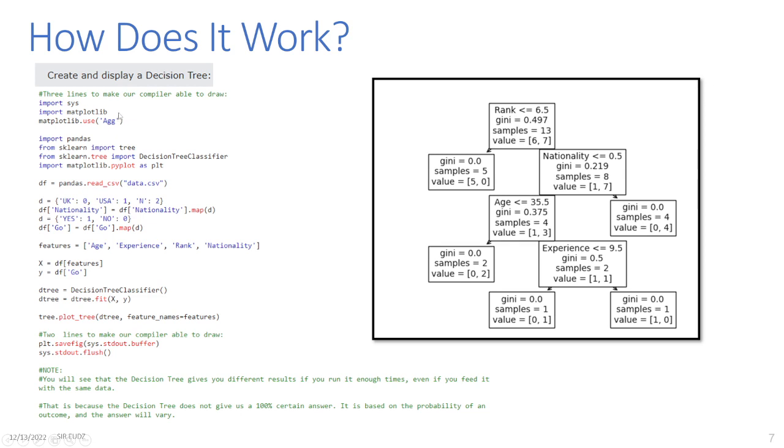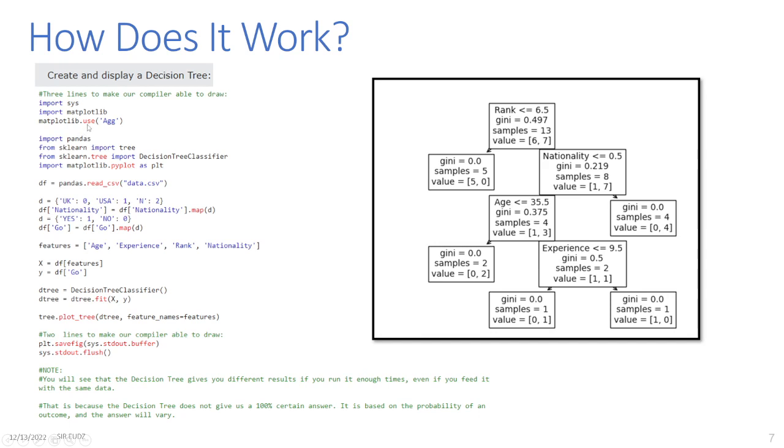Actually, no need to do this one if you're using your own, because this was taken from W3 school, so this is needed to display, I think, this tree in the browser. So we have this one, we read the data file, so the same, and we just added this. So dtree equals DecisionTreeClassifier, dtree equals dtree.fit(X, y).